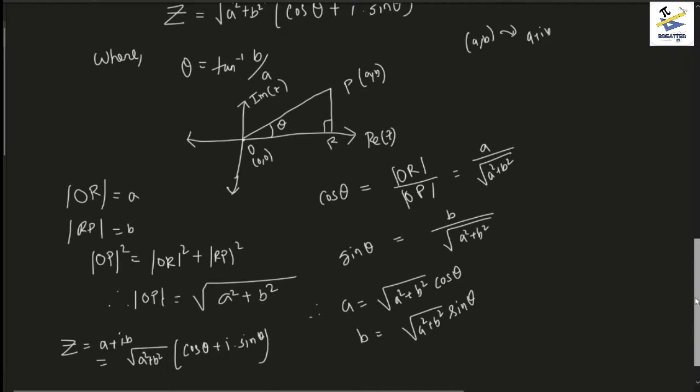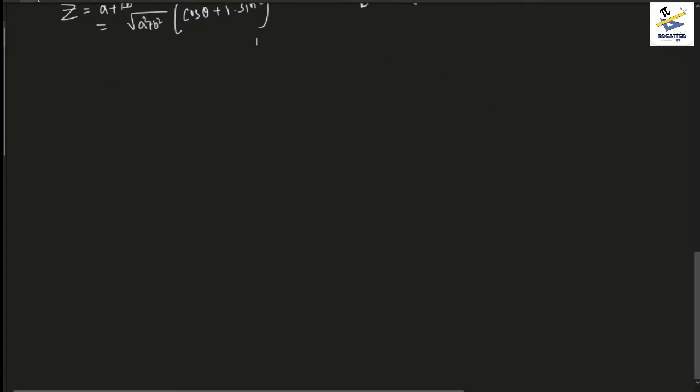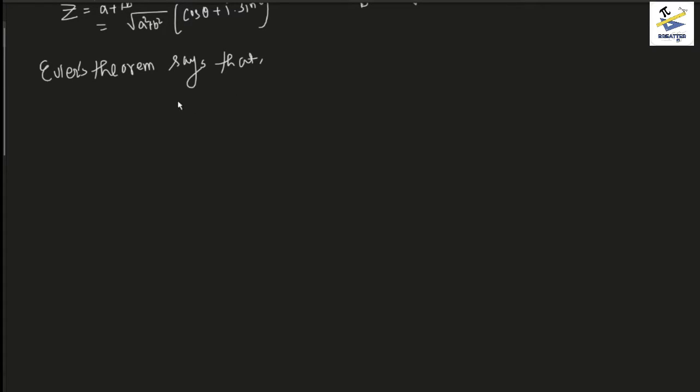And the Euler theorem basically says that cos of theta plus I sin theta is equal to e to the power I theta.